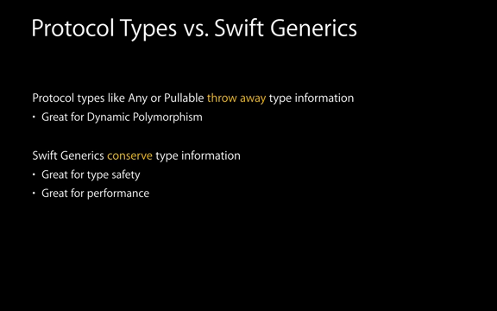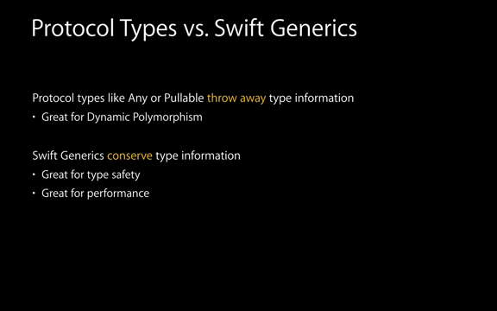Now, there's nothing wrong with erasing type information when what you want is dynamic polymorphism. Say you want to make a collection of objects that are all different types of objects. And that has to be dynamic at runtime. Great, use type erasure.